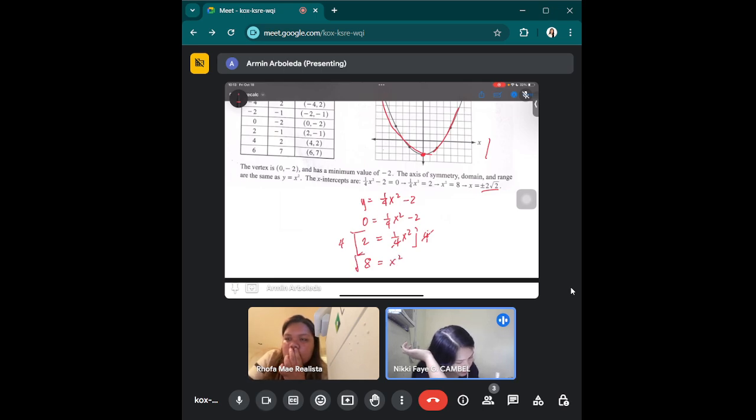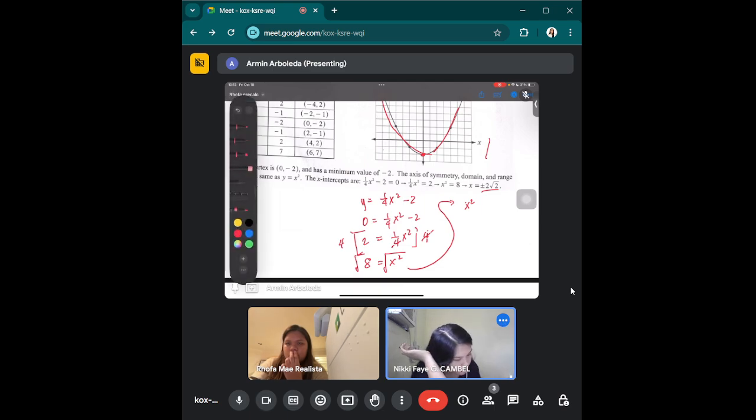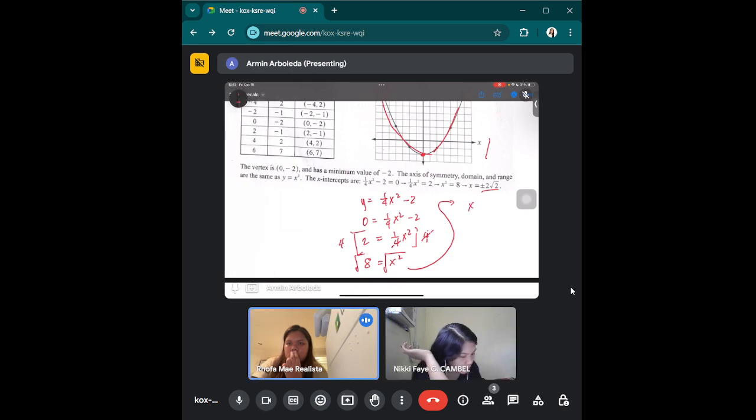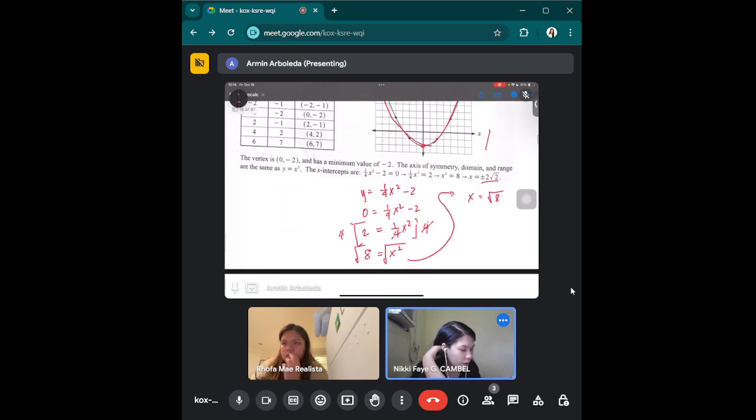Then you have to get the square root. It's gonna be x equal to square root of 8. You can answer square root of 8, but square root of 8 can be simplified. So, paano nakuha yung positive 2 sa labas?